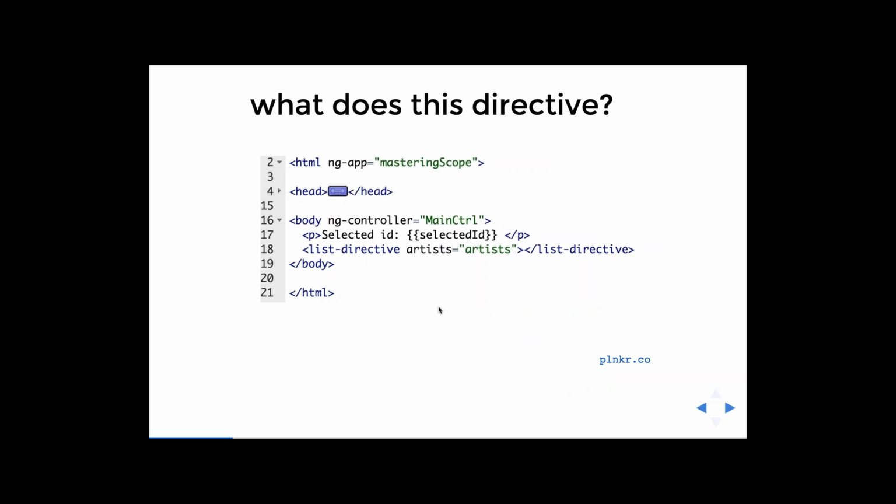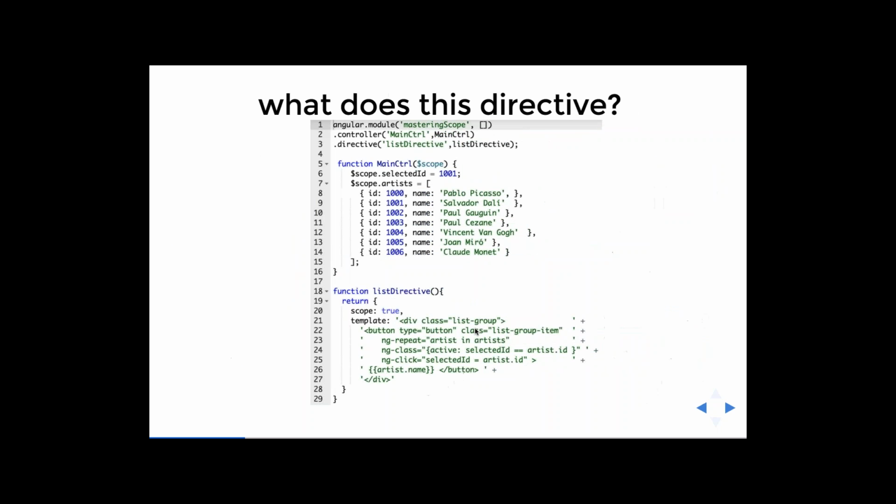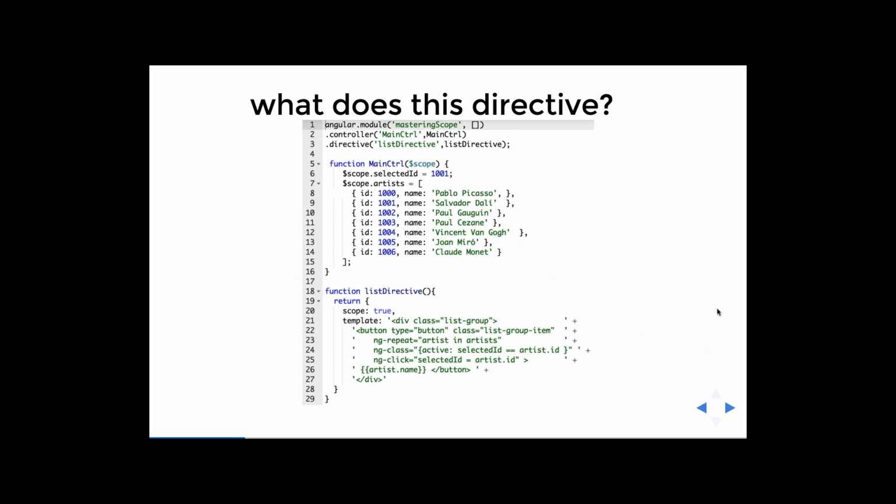It has an ID, which is a selected ID, and then the directive receives an artist and does something with it. This is the full image. Here we have the main controller. Again, this is the selected ID. The artist is an array of objects.